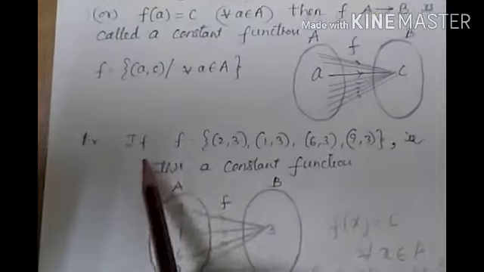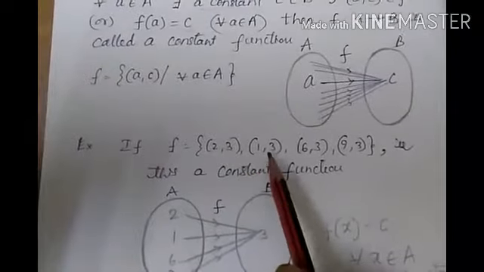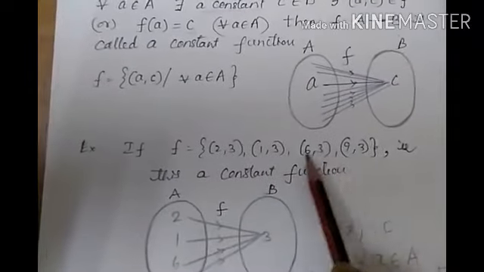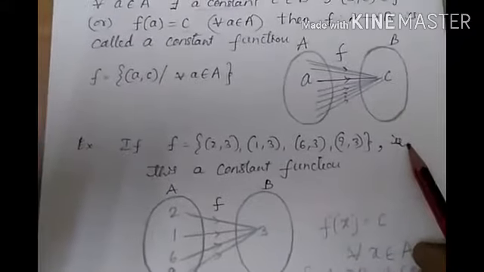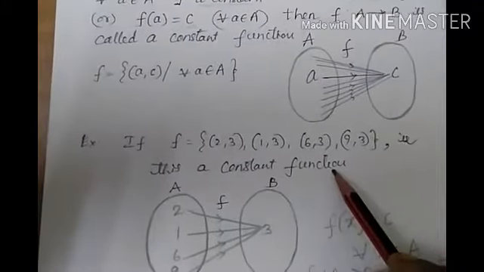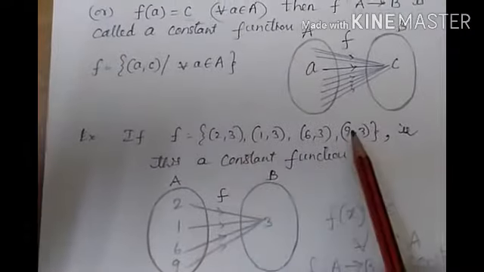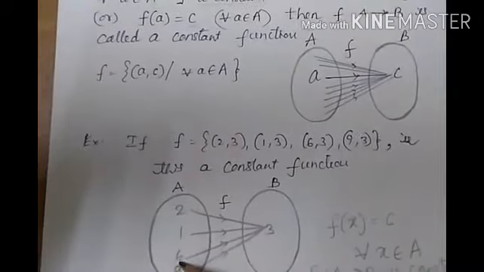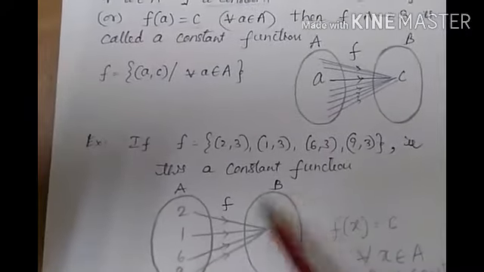Example: if f equals the set of ordered pairs (2, 3), (1, 3), (6, 3), (9, 3), is this f a constant function? Yes. Why? All the first elements belong to the domain set and the second elements belong to the codomain.